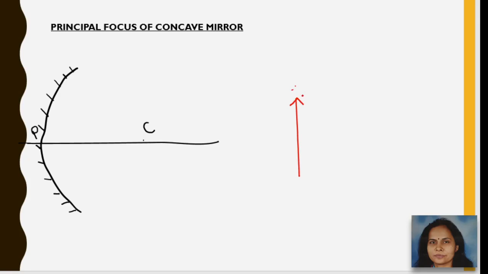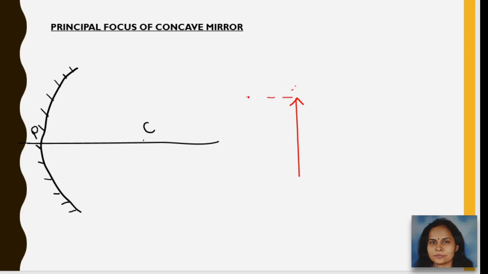Now the incident rays are coming from this point. Since the incident rays are coming from infinity, we have to show that the rays are coming from infinity. So starting from this object, we need to show the incident rays dotted.